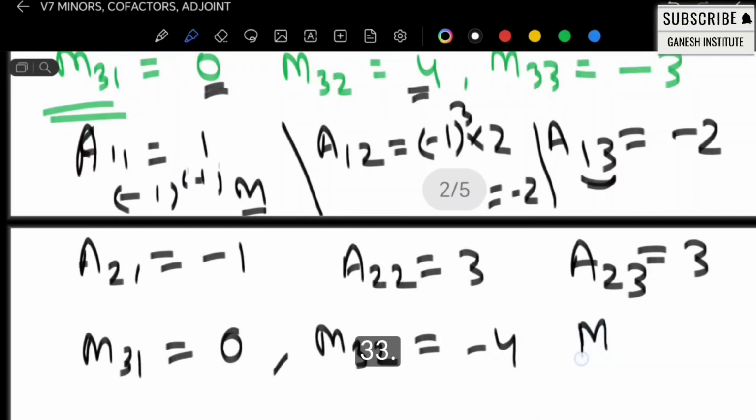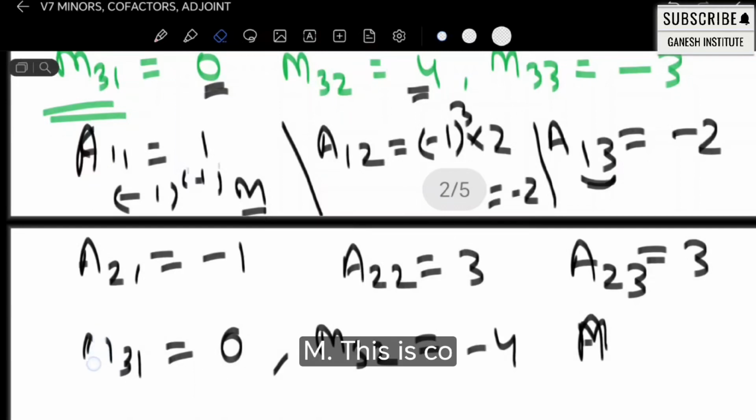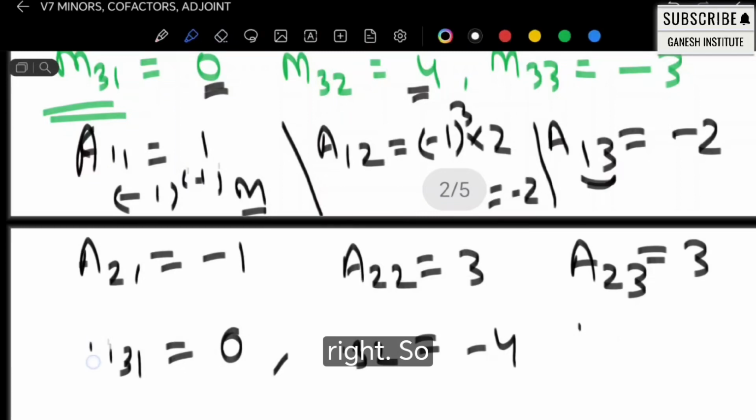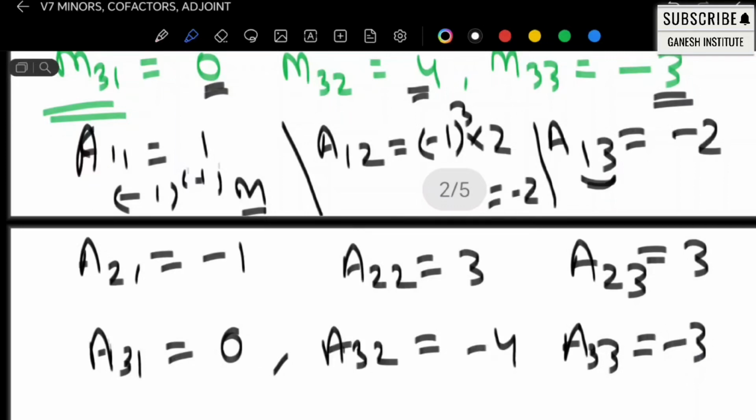And 3-3, please don't write M, this is cofactor. That is A, right? So A31, A32, A33. 3-3 is even, so the sign remains the same.